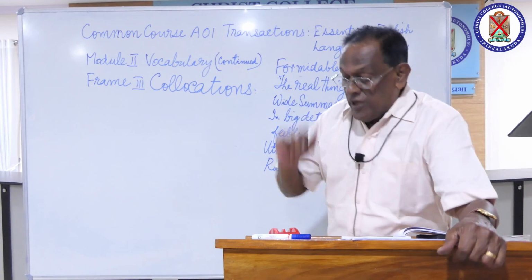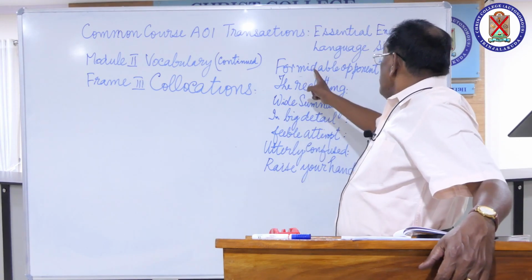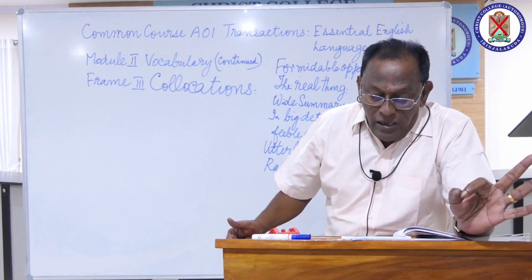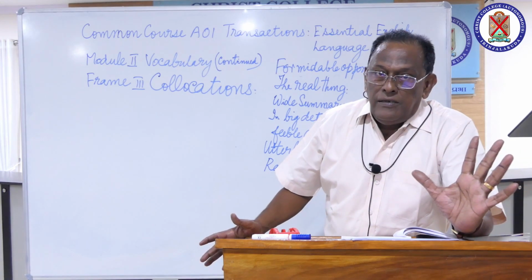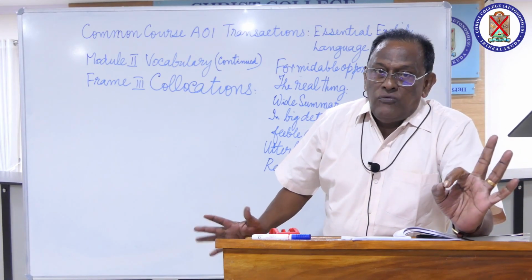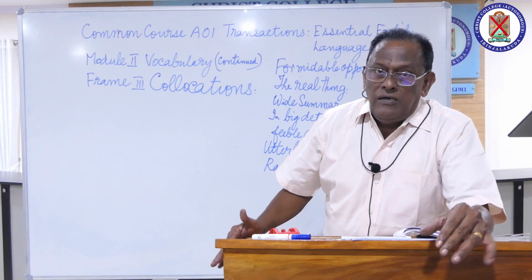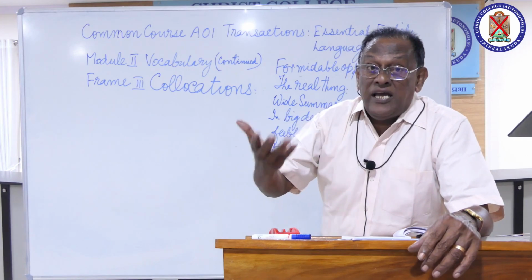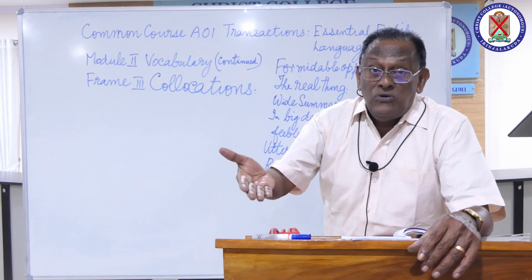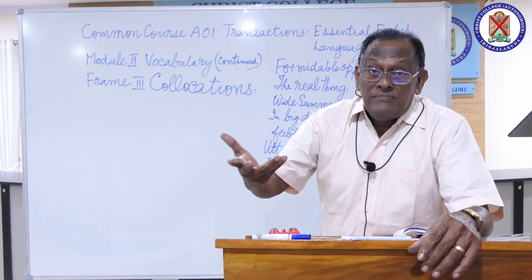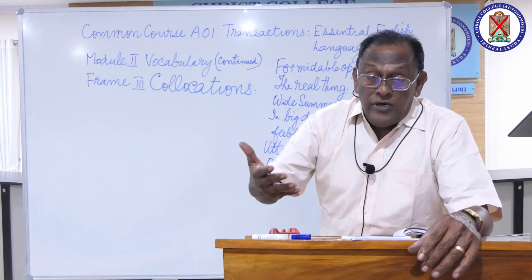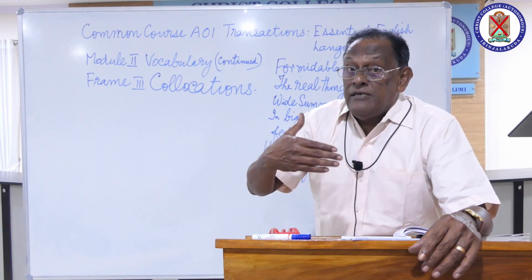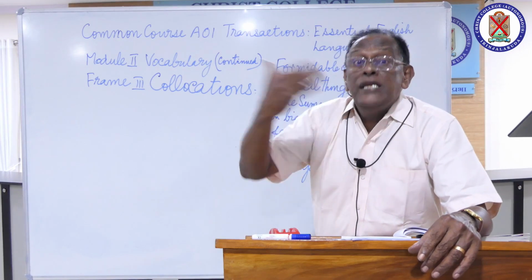Now, the first one is formidable opponent. What is the meaning of the word formidable? Formidable is somebody or an opponent whom it is difficult to win over, who is so strong that we are not in a position to win over them.